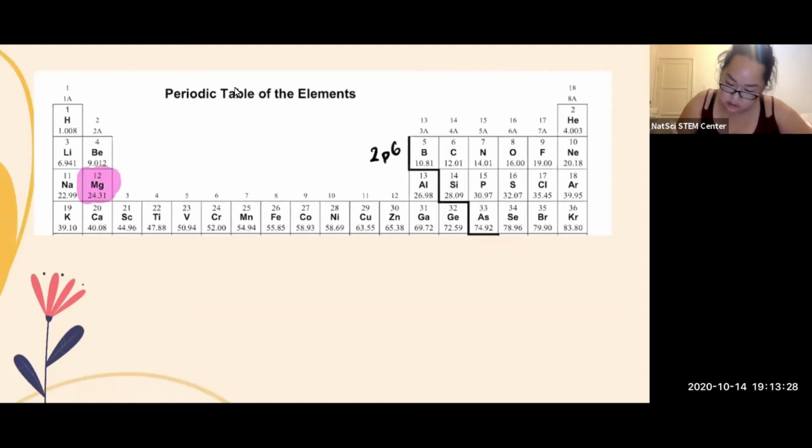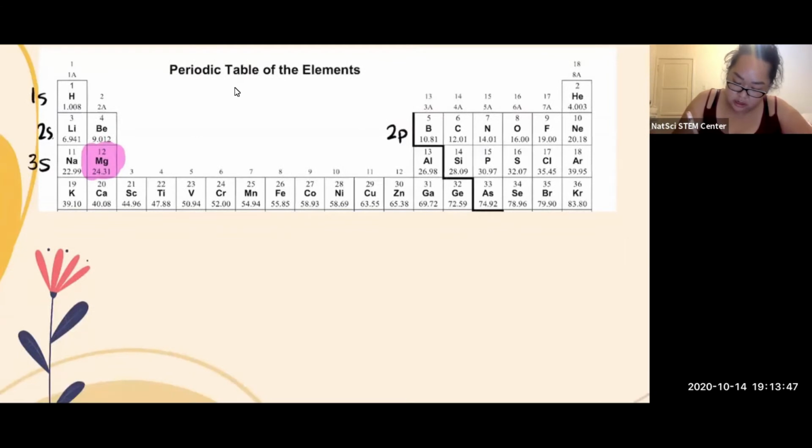Magnesium is right here. So this is 2s, 2p, 1s, and then this is 3s. We'll notice that it's 3s2 right here, because that's 2 electrons.